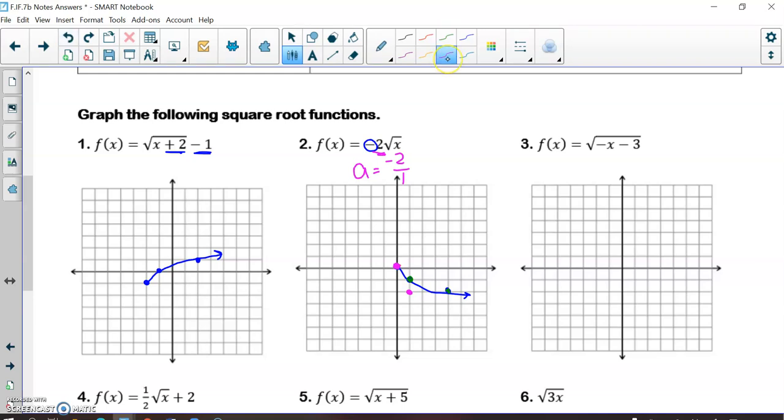So what we actually are going to do here is take that slope of negative 1/3, going down 1 and over 3, and adjust it by a factor of 2.